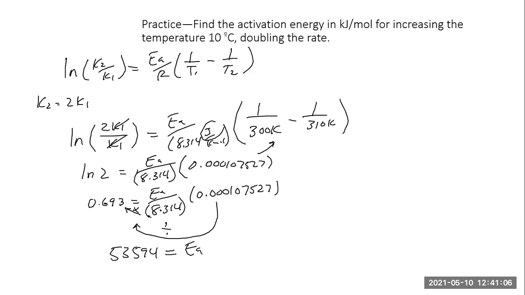Joules are the units here. If we convert that into the usual activation energy unit, which is kilojoules, we're looking at about 53.6, give or take. Again, a positive number for our activation energy, which is what it should be.